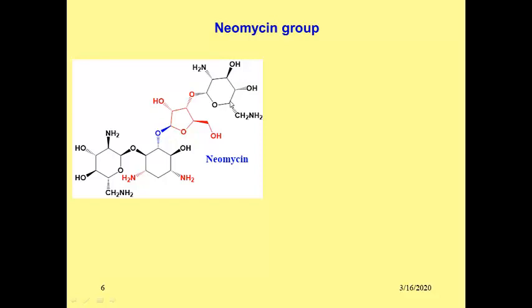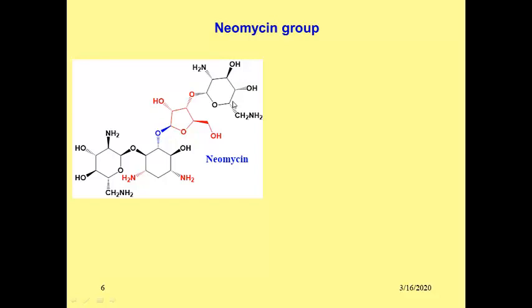How are aminoglycosides eliminated from the body? Elimination is mainly through active secretion. So aminoglycoside overloads the nephrons, leading to nephrotoxicity. As the aminoglycoside polarity increases, nephrotoxicity increases.